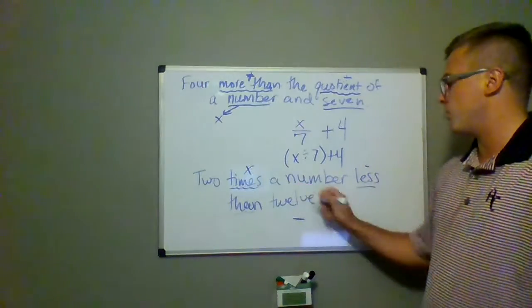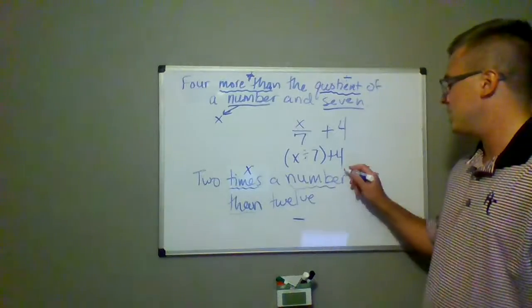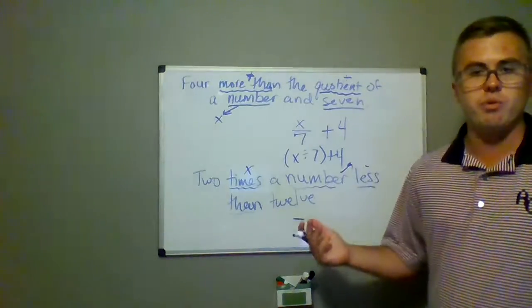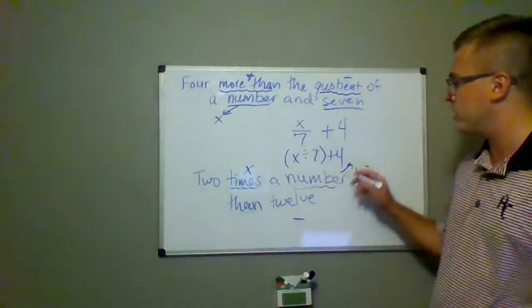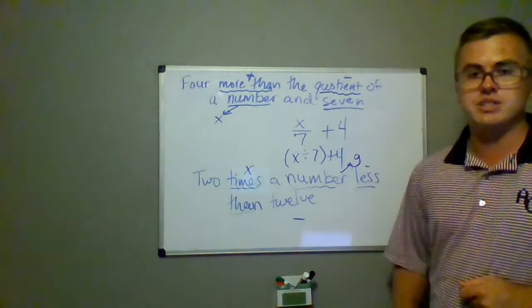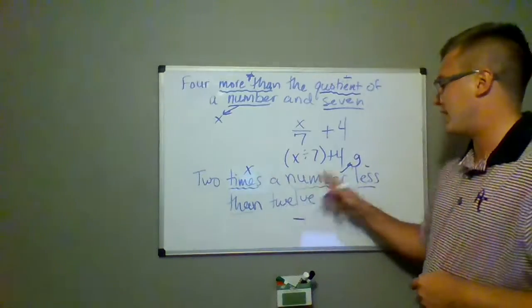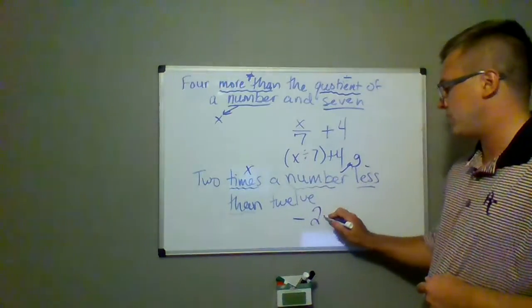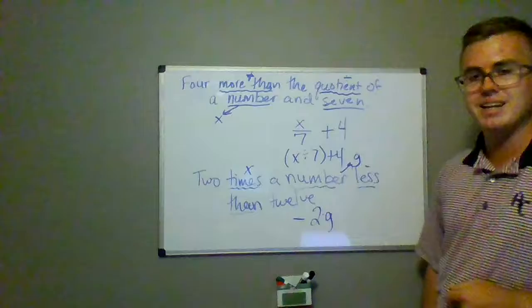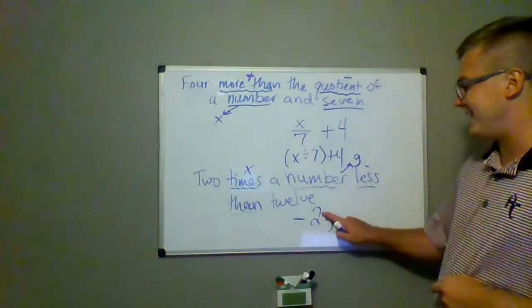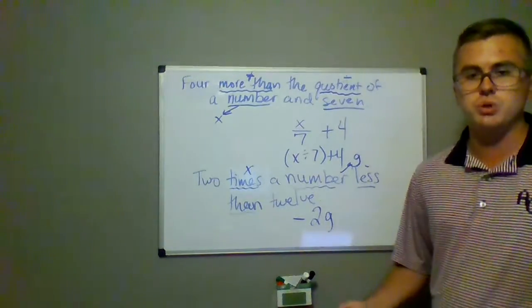2 times a number. Well, again, we didn't know what the number was. But this time, let's call it whatever we want. Use your favorite letter. I'm going to use G for obvious reasons. So 2 times a number, G. So 2 times G. And remember, once we have that times, we don't really need that dot in the middle. That just becomes 2G.